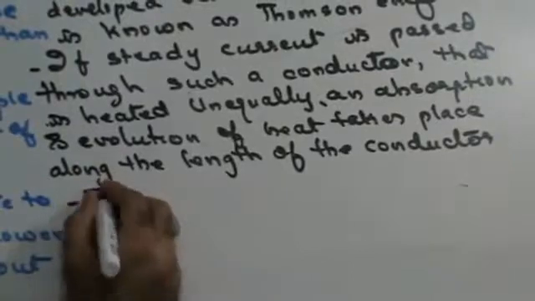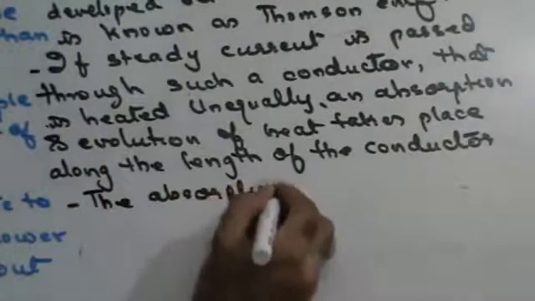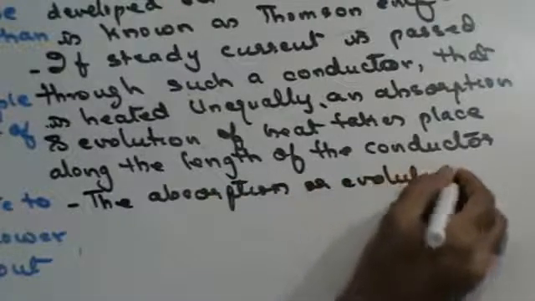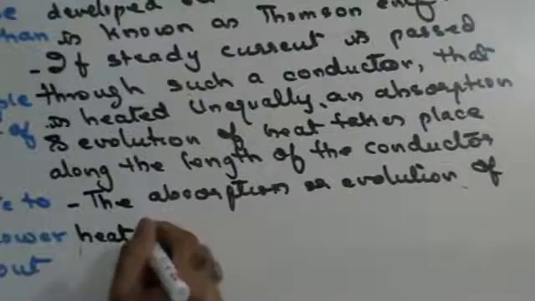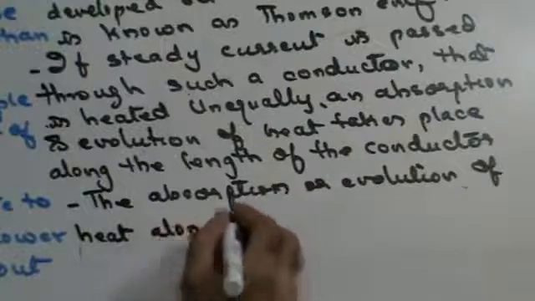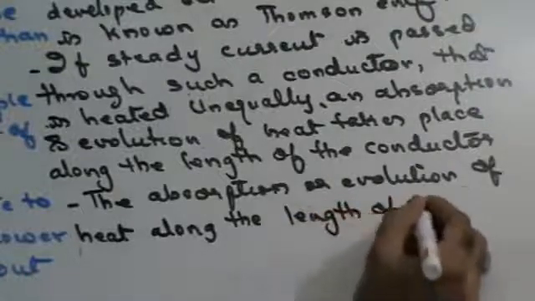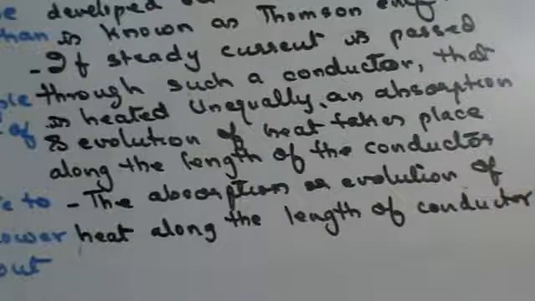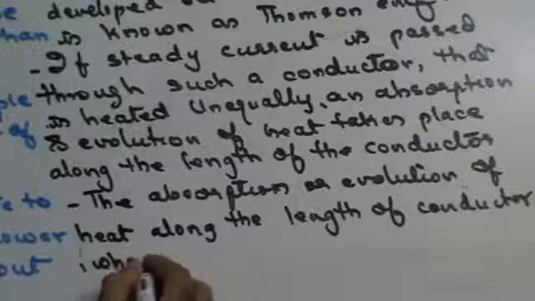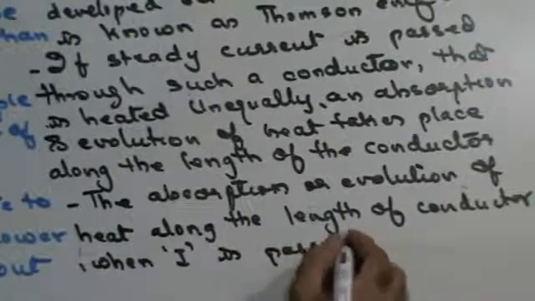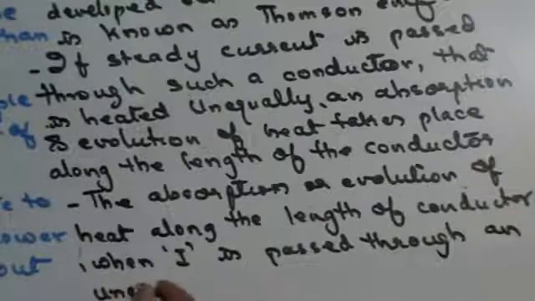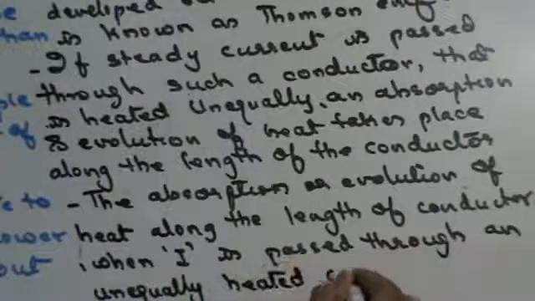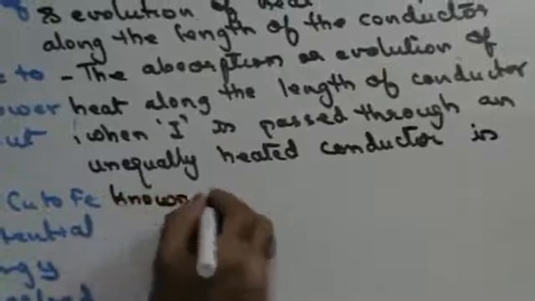It is the absorption or evolution of heat along the length of a conductor when current is passed through an unequally heated conductor, and that is known as Thomson effect.